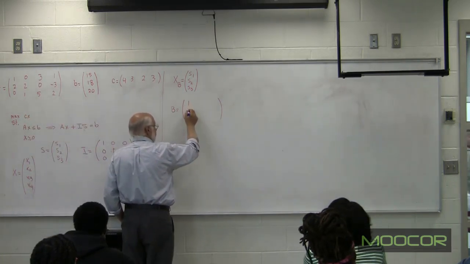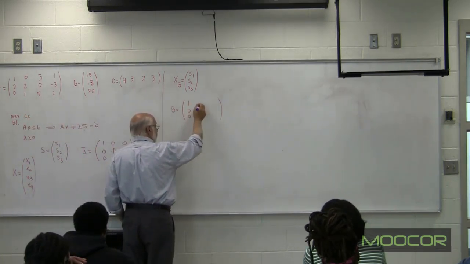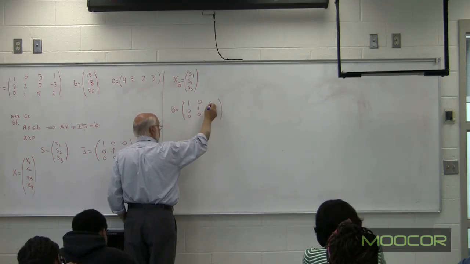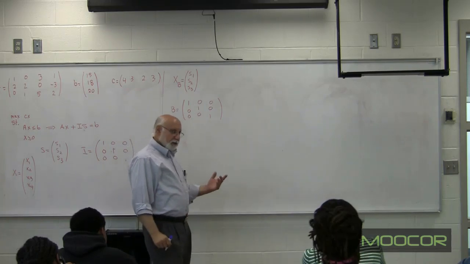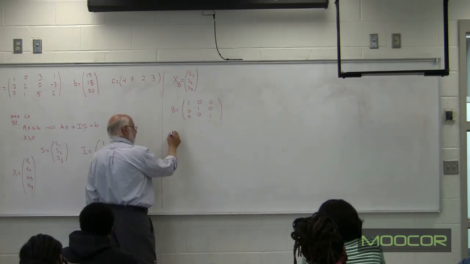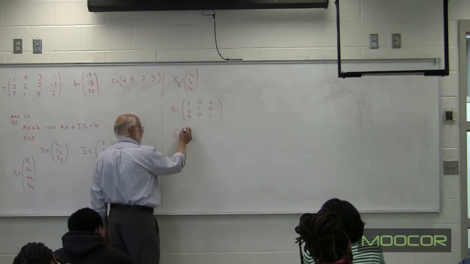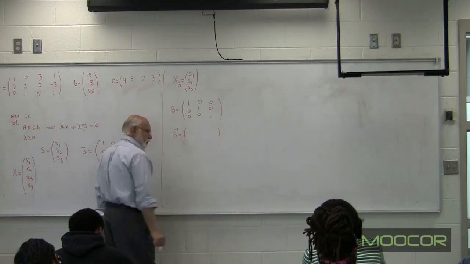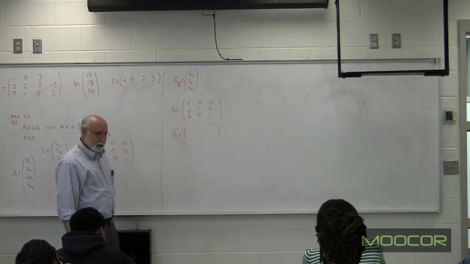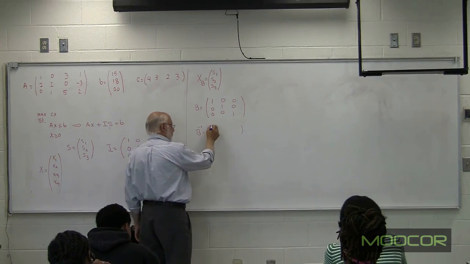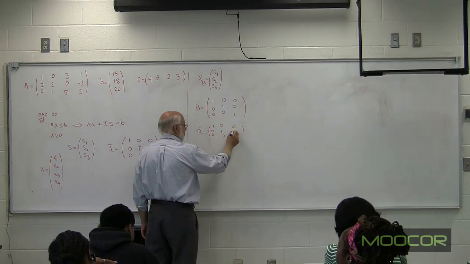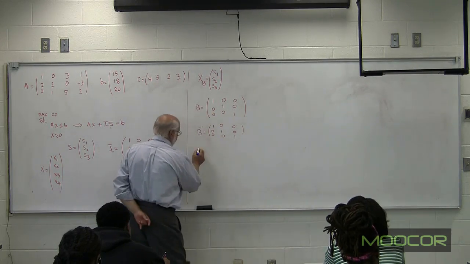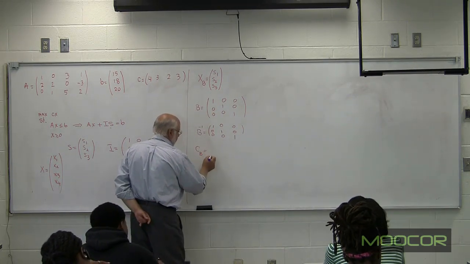And in this case, it will be 1, 0, 0, 0, 1, 0, 0, 0, 1. I need to calculate B inverse. This is the identity matrix, so its inverse is going to be the identity matrix, 1, 0, 0, 0, 1, 0, 0, 0, 1. I need to identify CB.